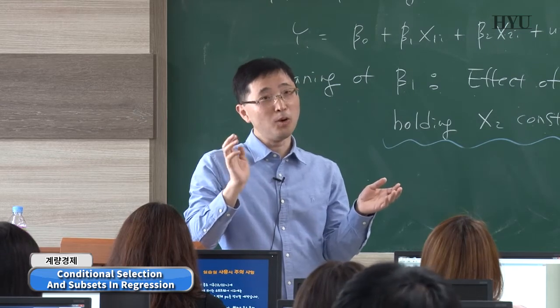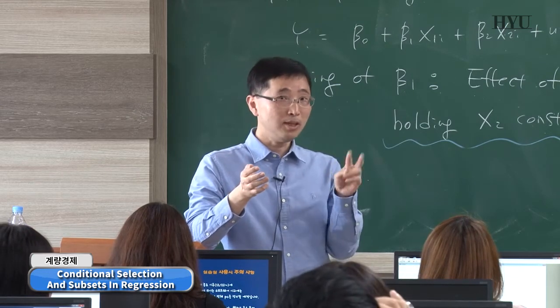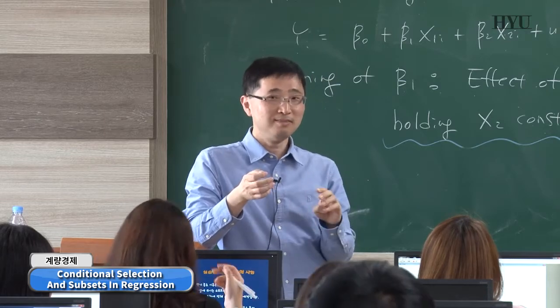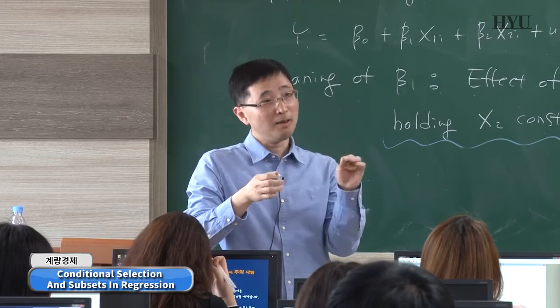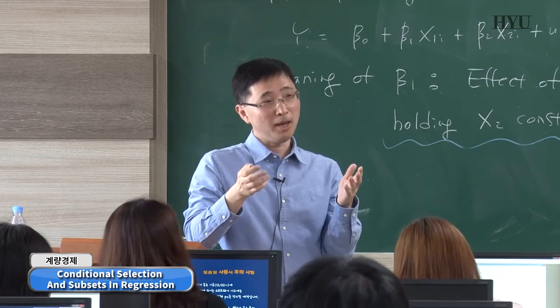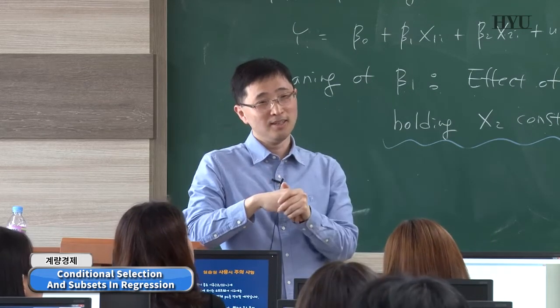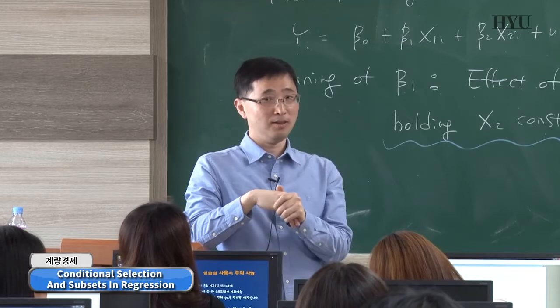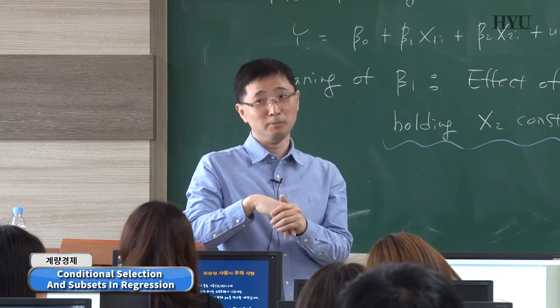Because the second group, more educated, have two things. They have more education, and on average, they have more ability. So simply because they get paid more does not mean that it is because of the education. Maybe it's because of the ability, right?